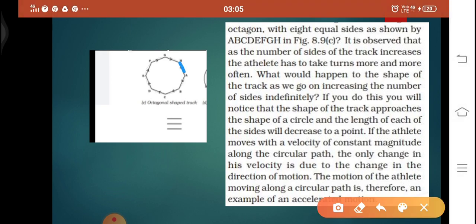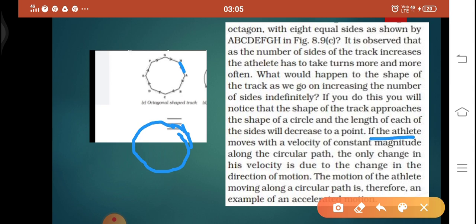When it is changing direction 100 times, what will happen? It will almost become a circle.